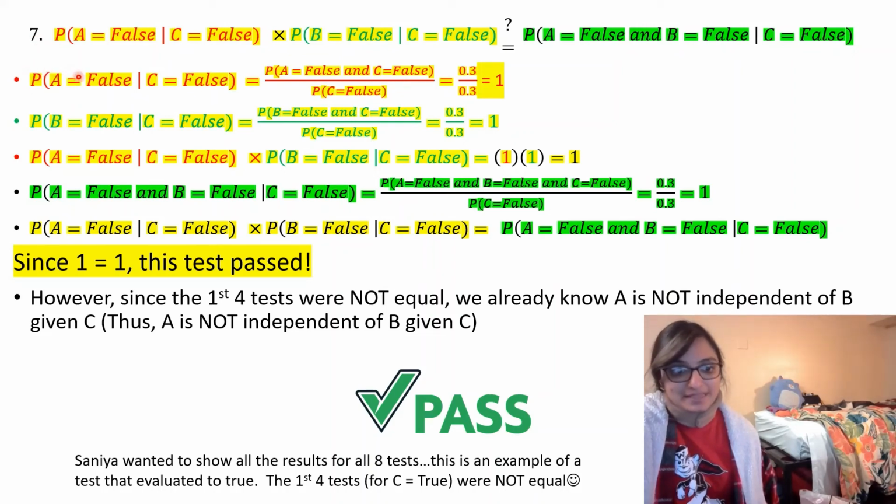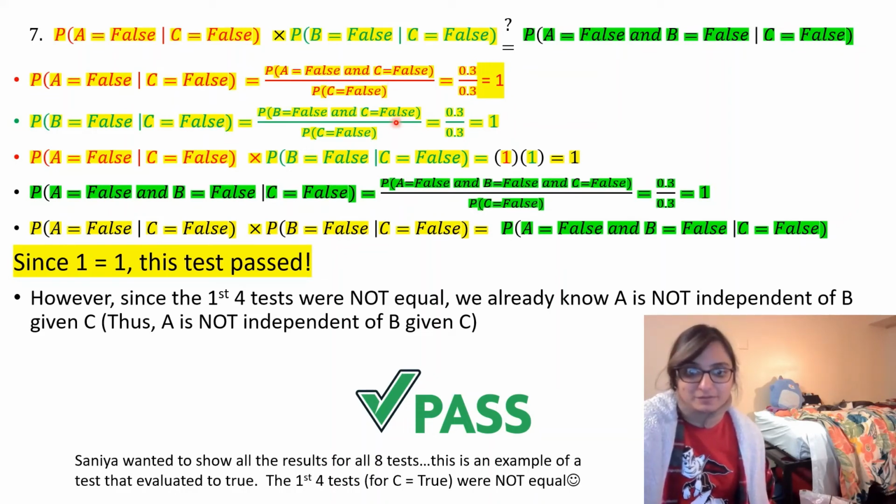Here's the probability A is false given that C is false, which is equal to the probability A is false and C is false divided by the probability that C is false, which is just 0.3 over 0.3, which is 1. Because whenever A is false and B is false and C is false, that is 0.3. So A is false and B is false would definitely be 0.3 here as well.